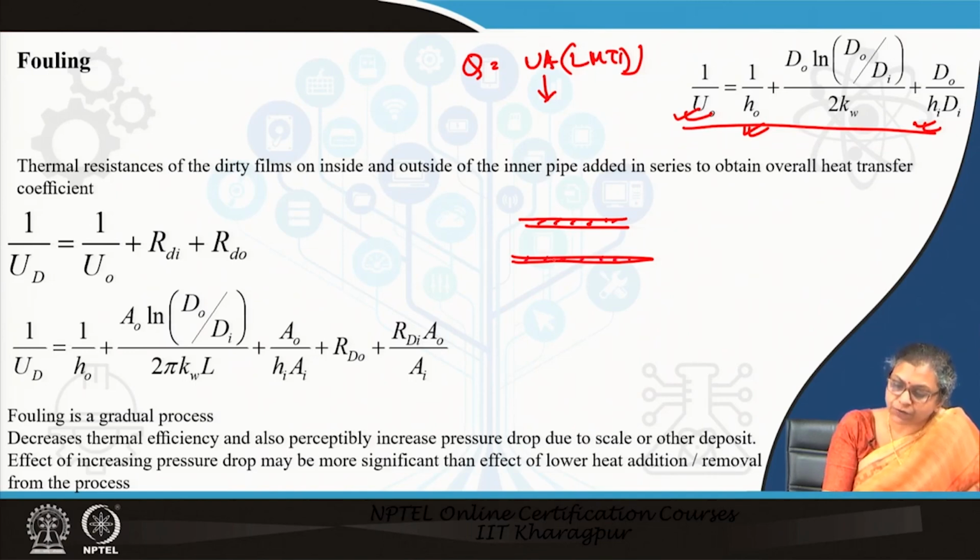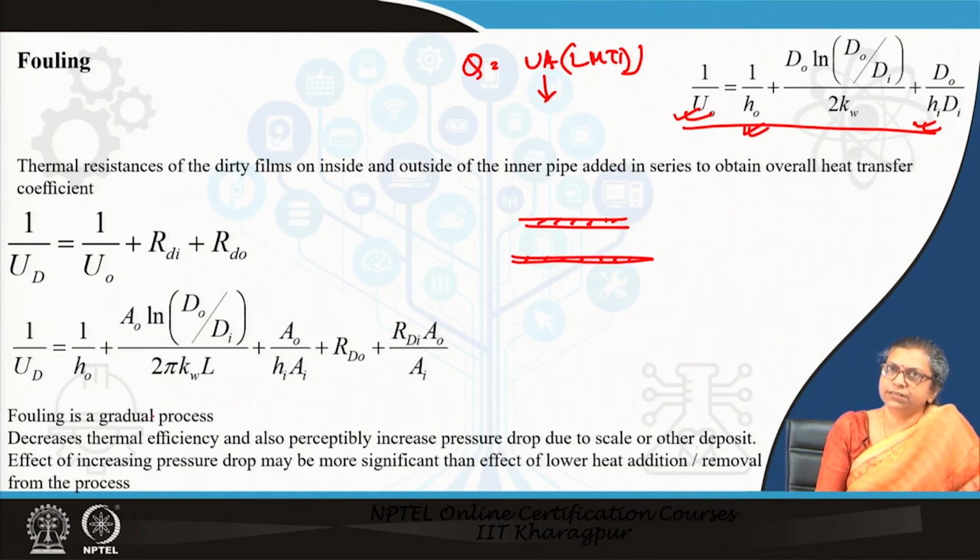If you do not consider this, then as these deposits form, they provide additional resistance to heat transfer. Naturally, the heat transfer that was happening in the new condition does not happen, there is decreased heat transfer. So the heated fluid will not be heated to the extent that you want, or the cooled fluid will not be cooled to the extent that you want.